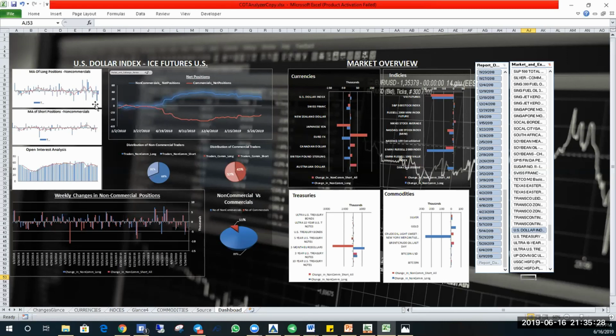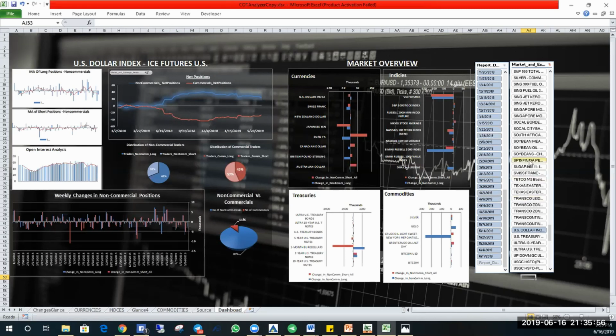This is something we need to watch out for. Yes, in the long run, USD still remains very bullish. The short position, we're seeing the drop. A lot of concerns around the trade war could be responsible for this. Of course, the Trump effect cannot be ruled out.